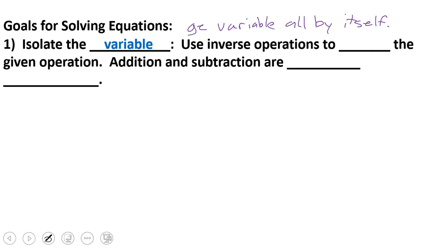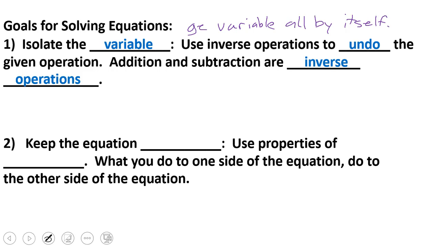Okay? So we isolate the variable. How do we do that? We use the inverse operations that we just talked about. We use inverse operations to undo the given operation. And of course, a repeat, addition and subtraction are inverse operations. So our first goal: isolate the variable.